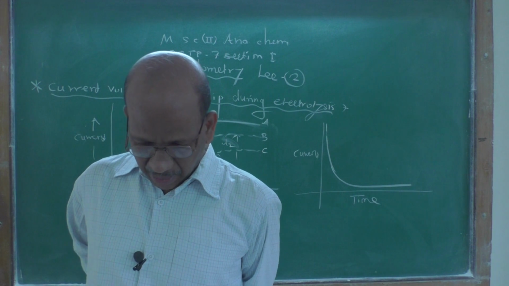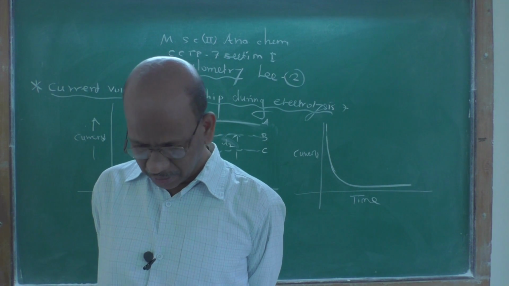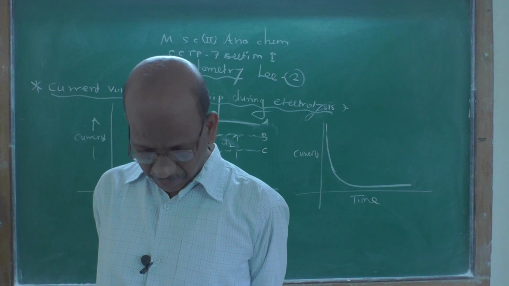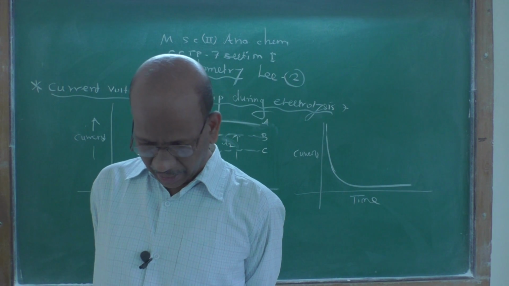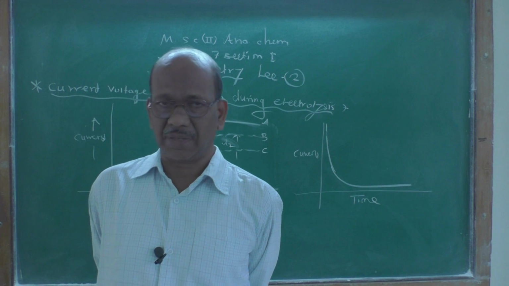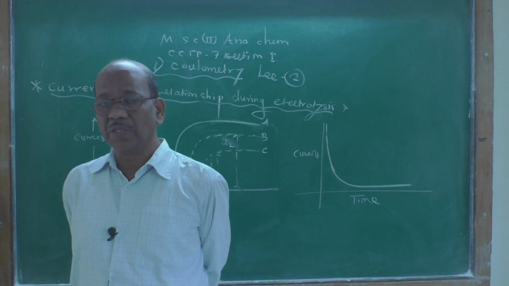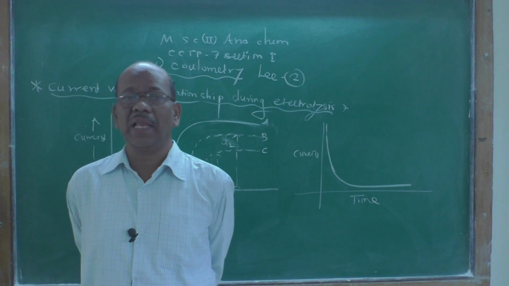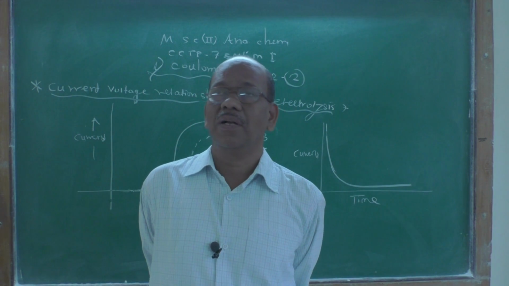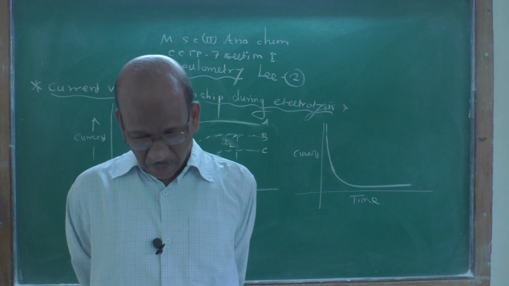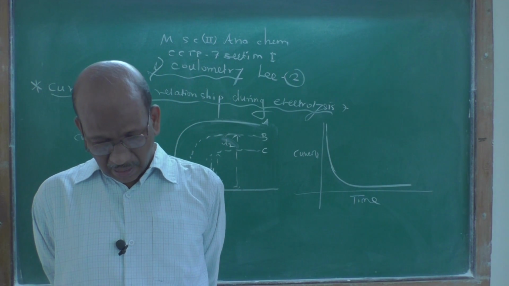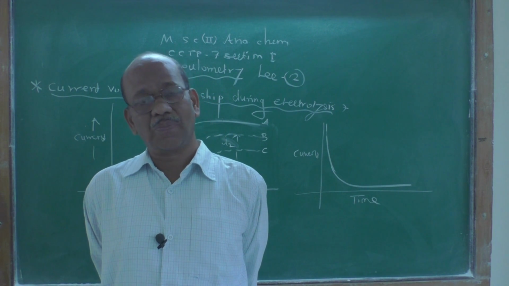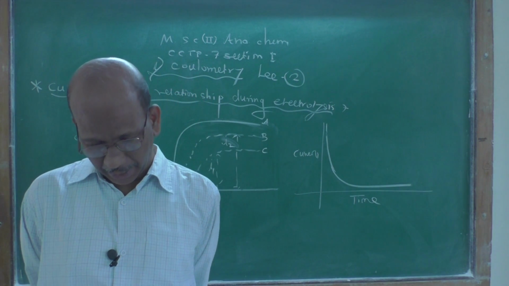Some current is used for the electrolysis of the analyte, that is for reduction, and some for the electrochemical reaction of the supporting electrolyte.